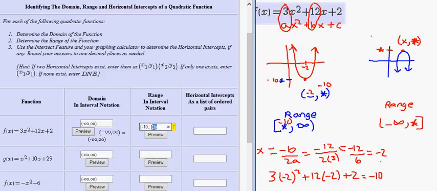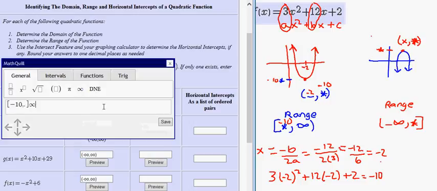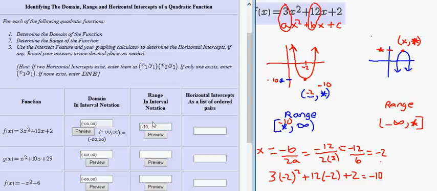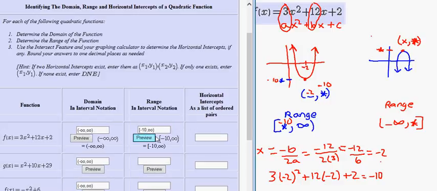Now I screwed it up, and it looks like all it did is put in 2 lowercase o's. That seems almost more trouble than it's worth. I'm just going to use 2 lowercase o's and a right parenthesis. If you want to hit preview just to see that it's reading that notation correctly, I didn't get a syntax error or anything, so that looks good.